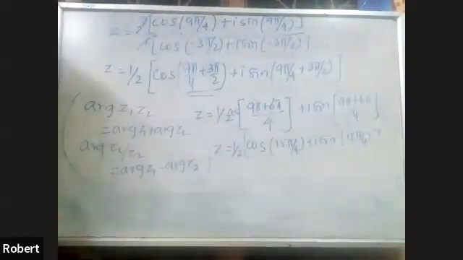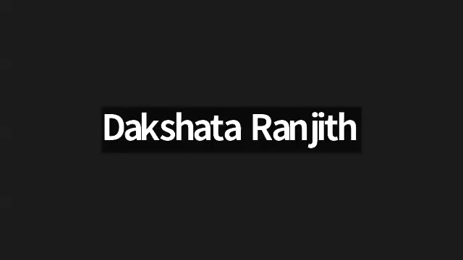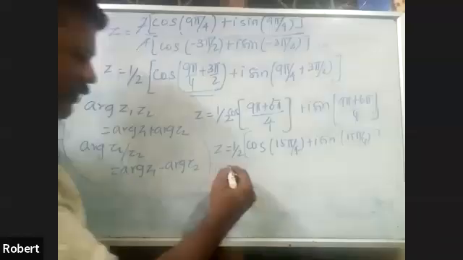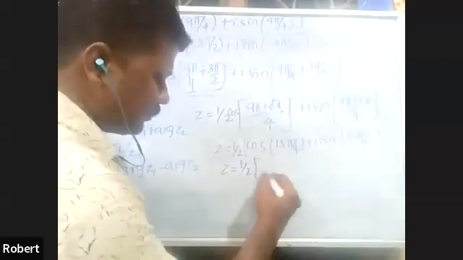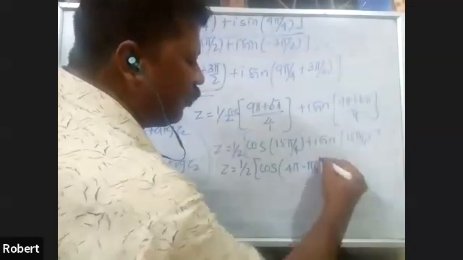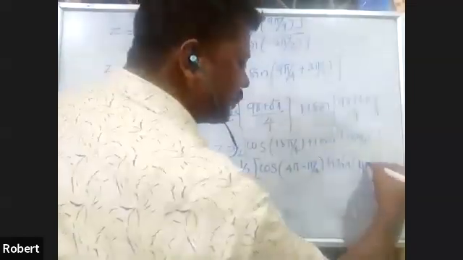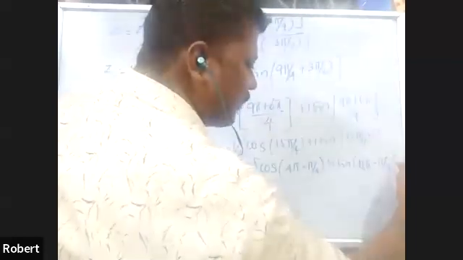Now listen here. In the last problem, we directly substituted the special angle values, cos pi by 4. Here we have cos 15 pi by 4. How can you write this? Anybody? 4 pi minus pi by 4. Very good. z is equal to 1 by 2 cos of 4 pi minus pi by 4. Same thing we can write in the argument of sine also, 4 pi minus pi by 4.